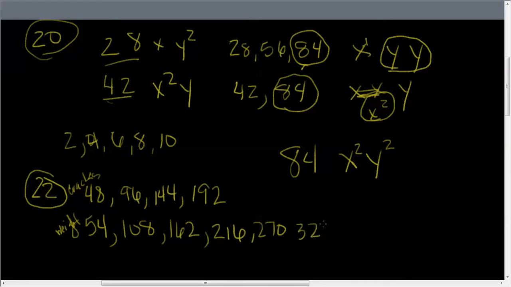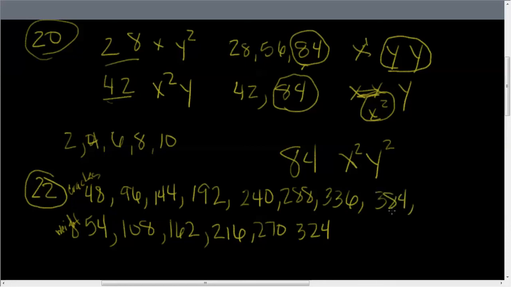Let me go back to this one, 192. And the next multiple of 48 is 240. And 288. And 336. And 384. I'm going to run out of room. And 432. So far nothing.